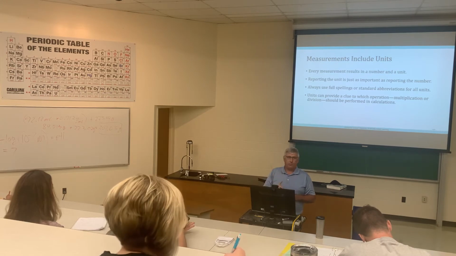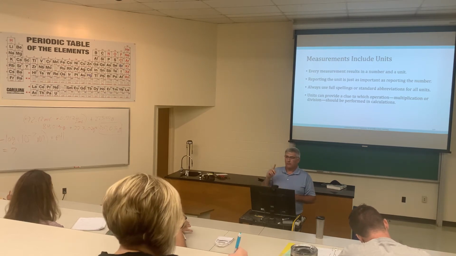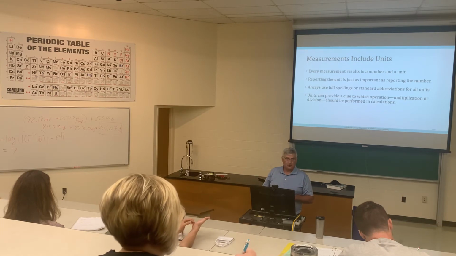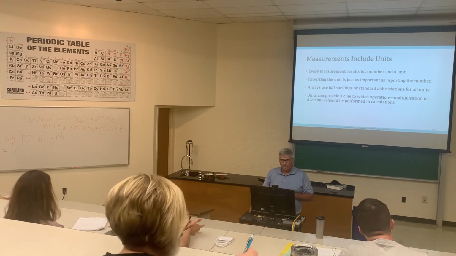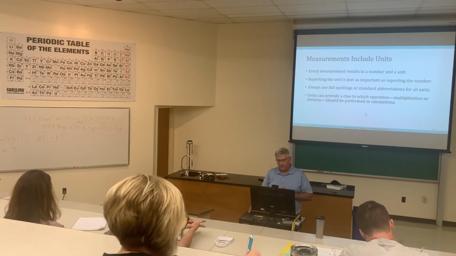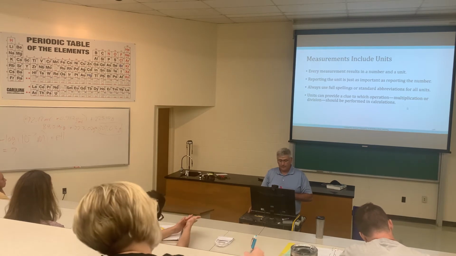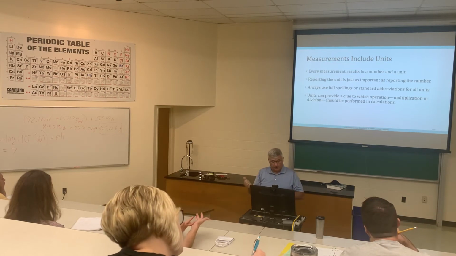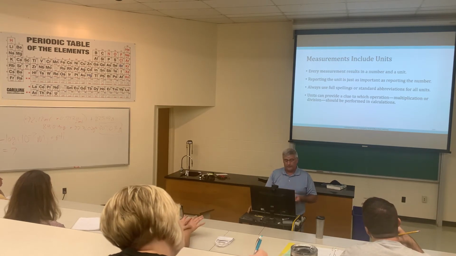It's just as important as the number. If I don't know what the number's measuring, then it has no value. Always use full spellings or standard abbreviations for all units. Units can provide a clue to which operation, multiplication or division, should be performed in calculations.